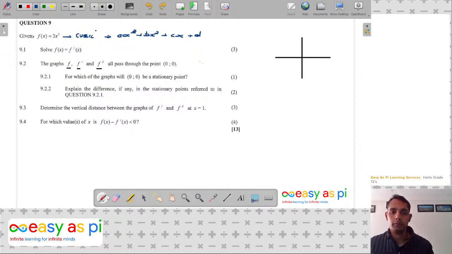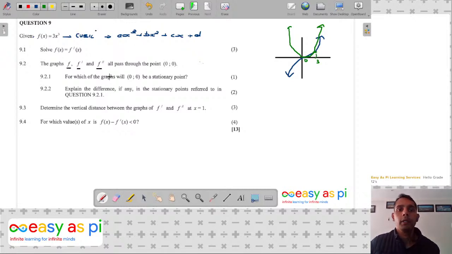So what I know is that it's going to be going like this and going up like this. And that, of course, is going to be my cubic, 3x cubed, right? And then they say f dashed, which we know is 9x squared, because it's going to pass through this point. So it's going to pass like this, and go there, and then go like this. Now we also know that this graph, along with its cubic, meets at 3, and they meet at 0.